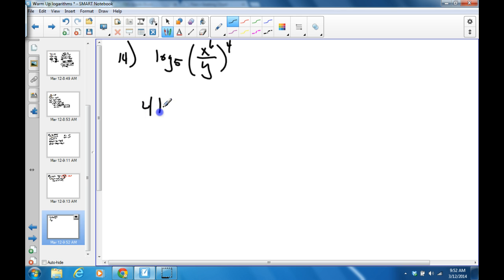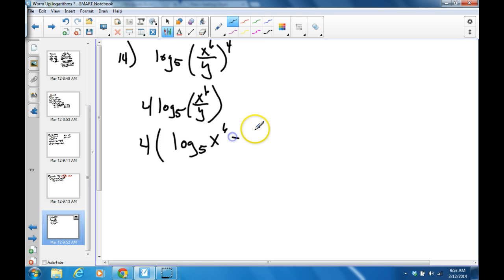So it'll be 4 log 5 of x to the 6th over y. What rule am I going to use now? Subtraction rule. So it'll be 4. I'm going to put parentheses on this. Log 5 of x to the 6th minus log y, base 5.